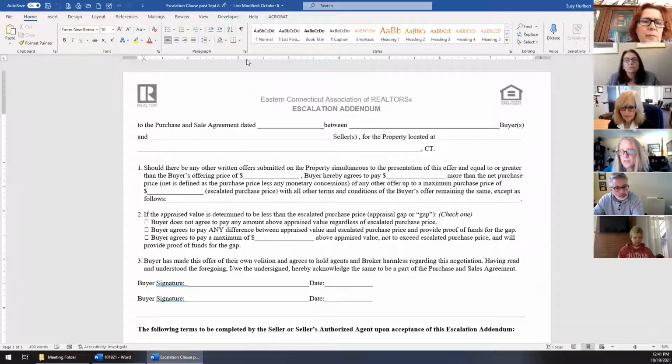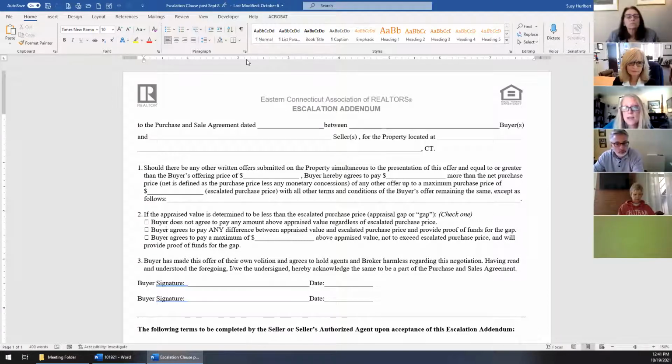The attorneys may have a different take on that, but as far as I know, this offer was submitted to the seller. Now it is the seller's to do with what they want. Whenever I submit a bona fide offer, like if I'm working with a seller and I need to send that bona fide, I cross out any confidential information, so the buyer's information, their name, their address, so that there is some confidentiality and people aren't aware of who those buyers were.